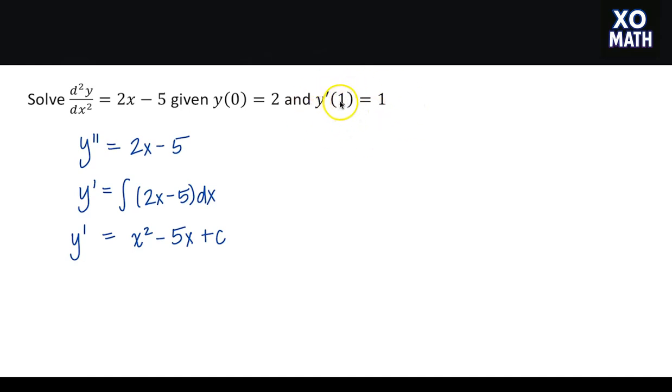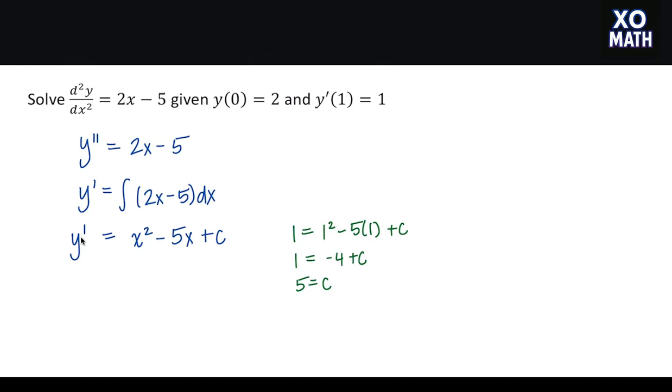When I substitute in 1 into each x, what should come out is 1. So we'll pull that work off to the side. 1 is the output and 1 is the input. So 1 squared minus 5 times 1 plus c. So I have 1 is equal to 1 minus 5 is negative 4 plus c. So add the 4 to the other side, we get 5 is equal to c.